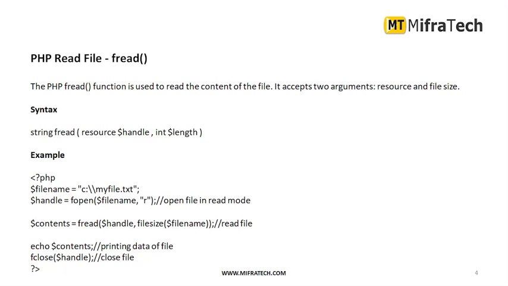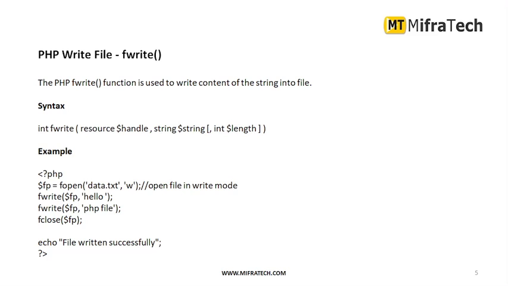This is the example. And PHP write a file, fwrite. The PHP fwrite function is used to write the content of a string into a file. We can write anything, we can write content in a file. Syntax: int fwrite(resource handle, string $string, int length). In PHP, the variable name is declared as fopen of data.txt in writable mode, w. Fwrite, $fp, hello.